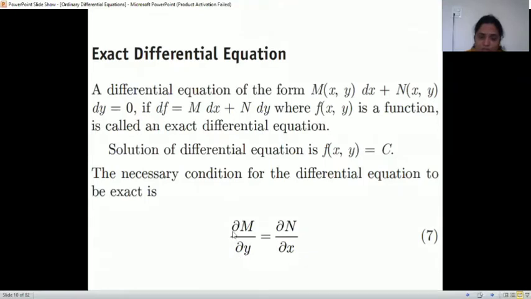What is that condition? Whatever is the function multiplied to dx, that is m, take a partial derivative of that m with respect to y. So dou m by dou y is equal to dou n by dou x. If this is satisfied, then we can say mdx plus ndy equal to 0 is an exact differential equation.